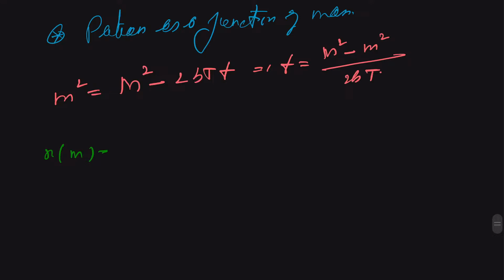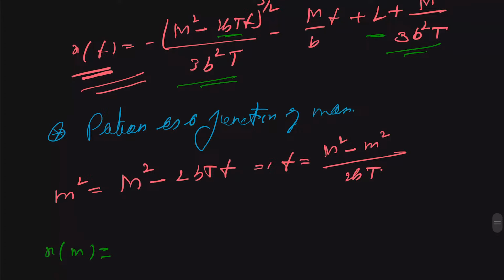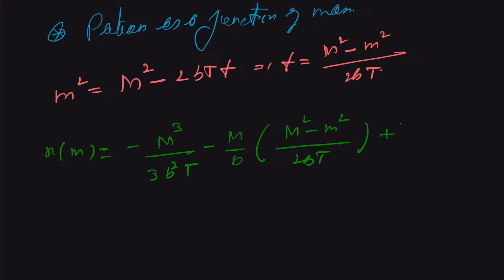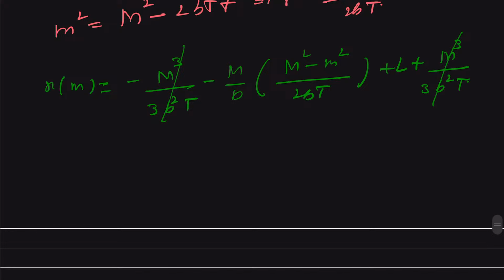So we are left with m cube minus m cube, and this is over 3b square t, minus m upon b times capital M square minus small m square divided by 2bt, and this becomes plus L plus m cube divided by 3b square t, and this term cancels out. So we got the relationship.